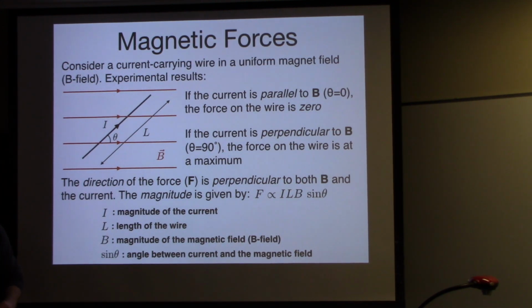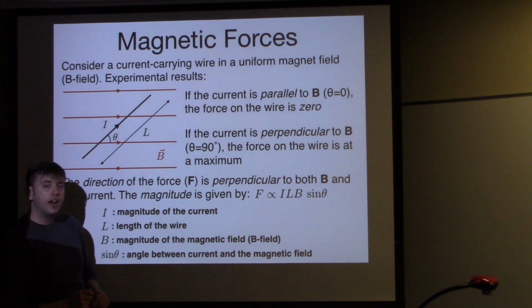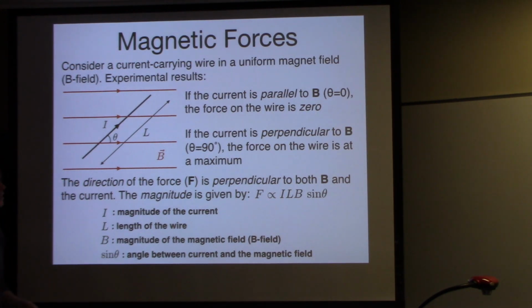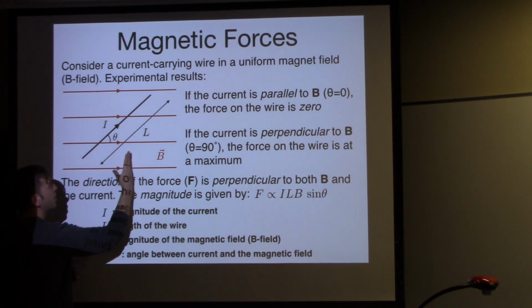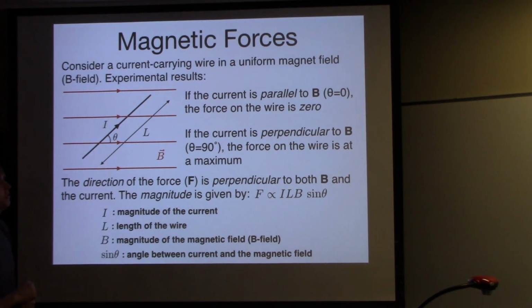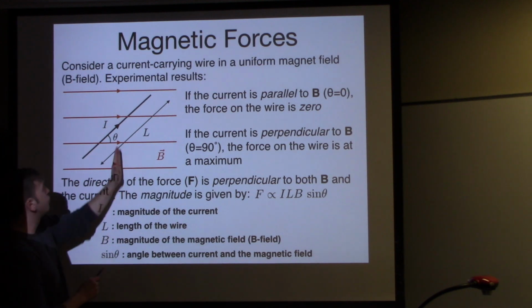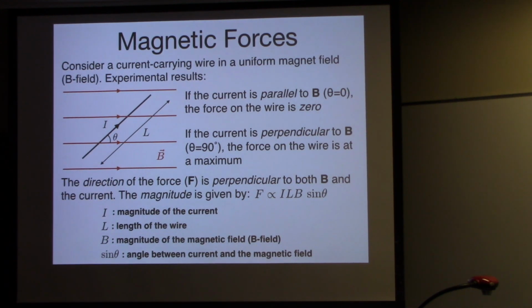Now, on the other hand, if I have my current perpendicular to B, let's say I run the wire going straight up with the current going straight up like this, then the force is at a maximum. There's actually a really large force in this case. All right? So I'm saying there's a force on this current-carrying wire. What direction is that in?